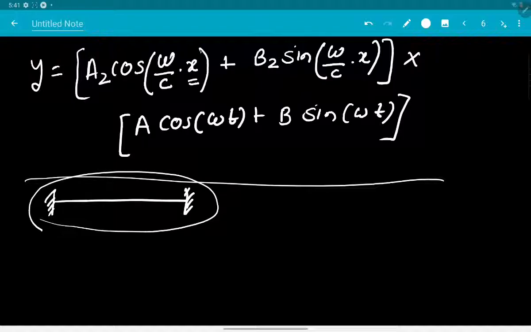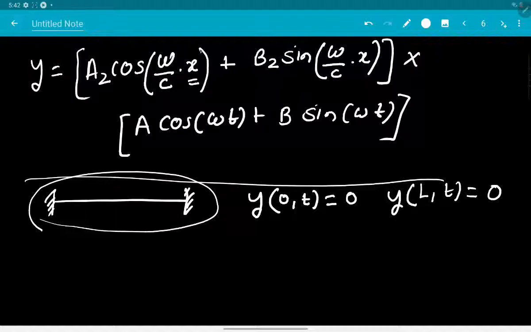We have found that y at x equal to 0, for all time t, is equal to 0, and y at x equal to L, for all time t, again should be equal to 0. Let's see whether we get any solution for this.